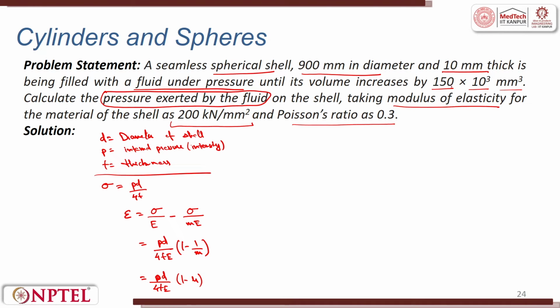Now, because the question is asking change in volume, let me also try to put that relation, change in volume, that is delta V. So change in volume by original volume would be my volumetric strain.